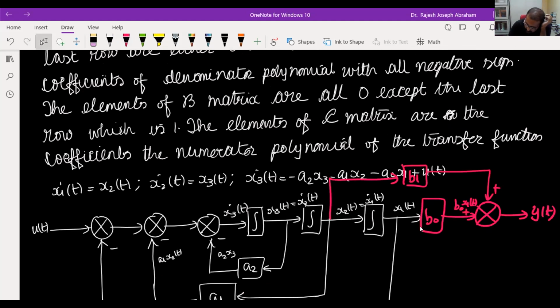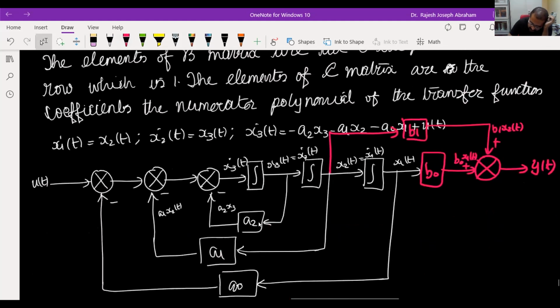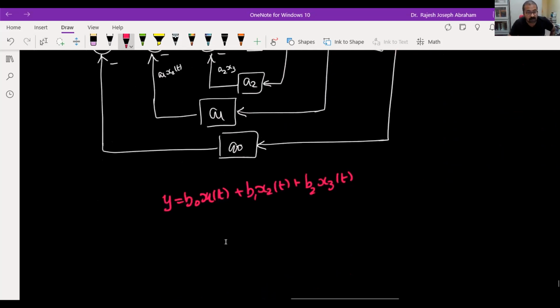So this signal is B1 x2(t) plus B2 x3(t). That means this is x3, so here there should be a B2, that should be added here. And this signal is B2 x3(t). So in this way, we can draw the state diagram for this model.